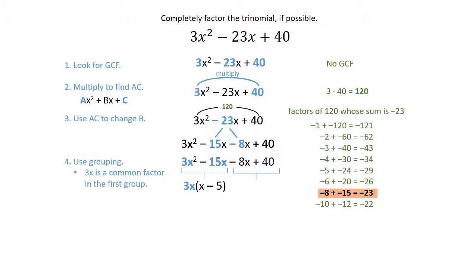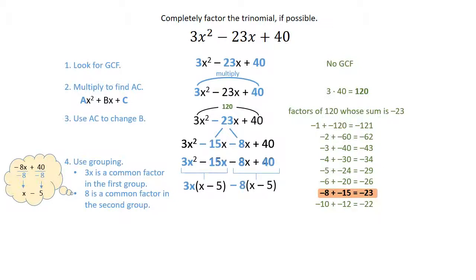In the second set, with the 8 and 40, 8 is a common factor. And you're also thinking, okay, do I want to take out a positive 8 or a negative 8 because there's that minus in front? Well, taking out a negative 8 will give you that x minus 5 that you need. So we're going to go ahead and take out a negative 8 and leave the x minus 5 again.